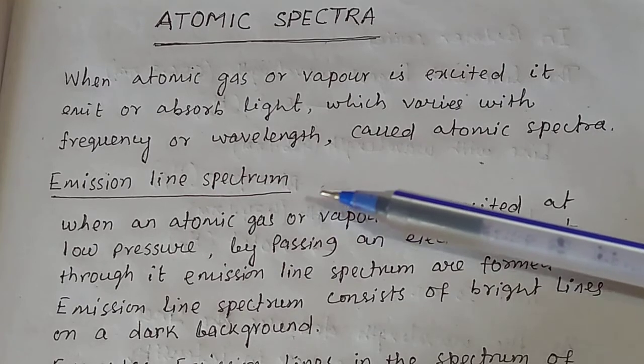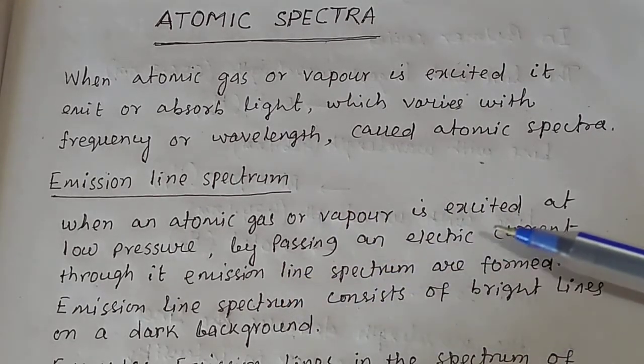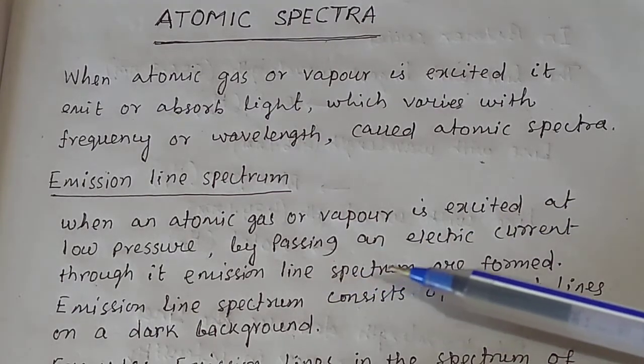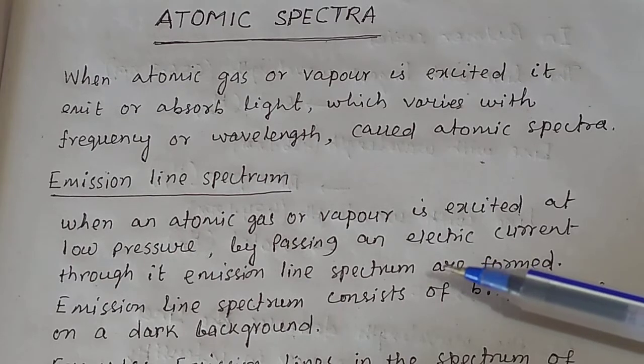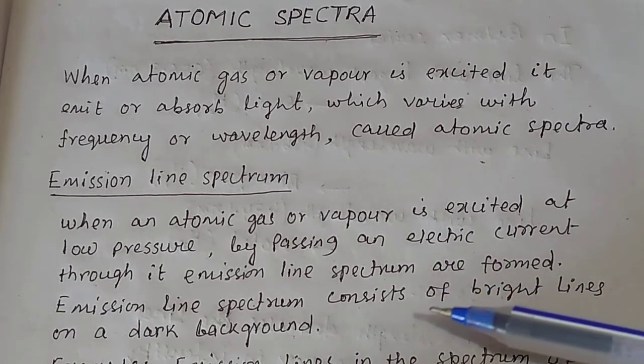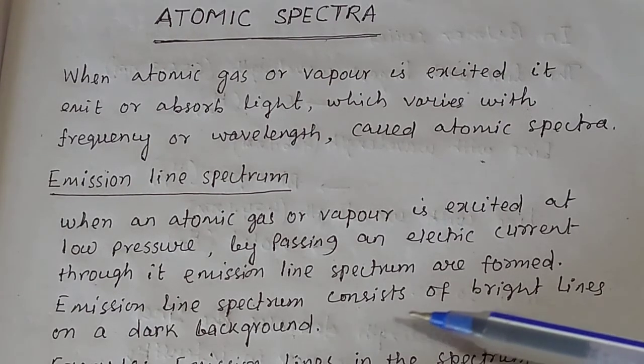How will you get the emission line spectrum? When an atomic gas or vapor is excited at low pressure by passing an electric current through it, emission line spectra are formed. Emission line spectrum consists of bright lines on a dark background.